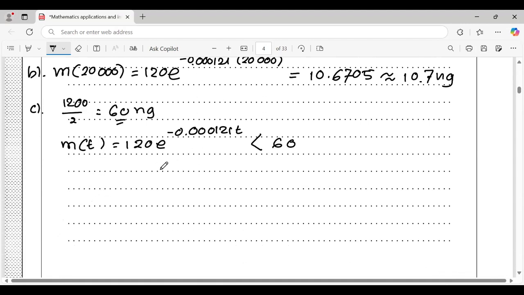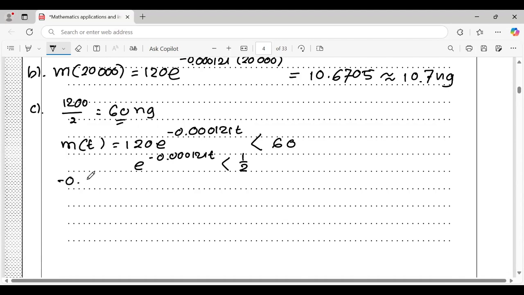The next step, 60 divided by 120, so e to the power minus 0.000121 t less than 1/2.